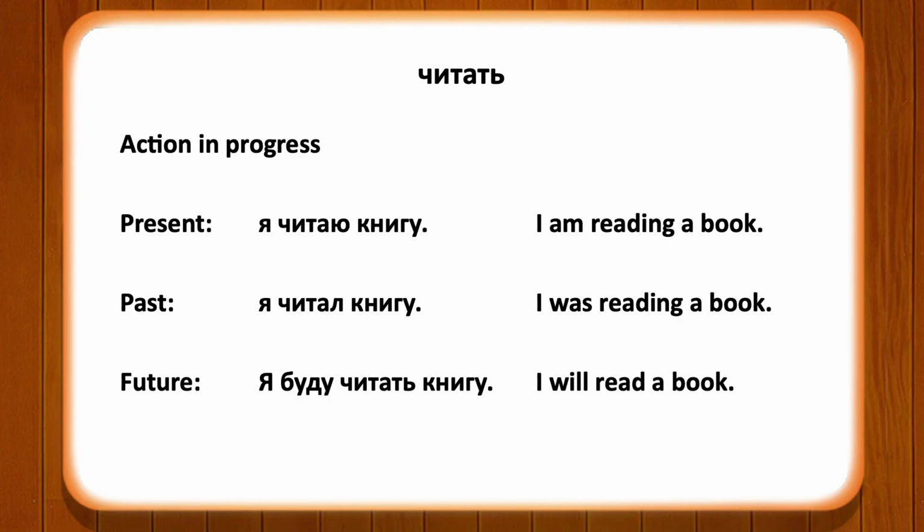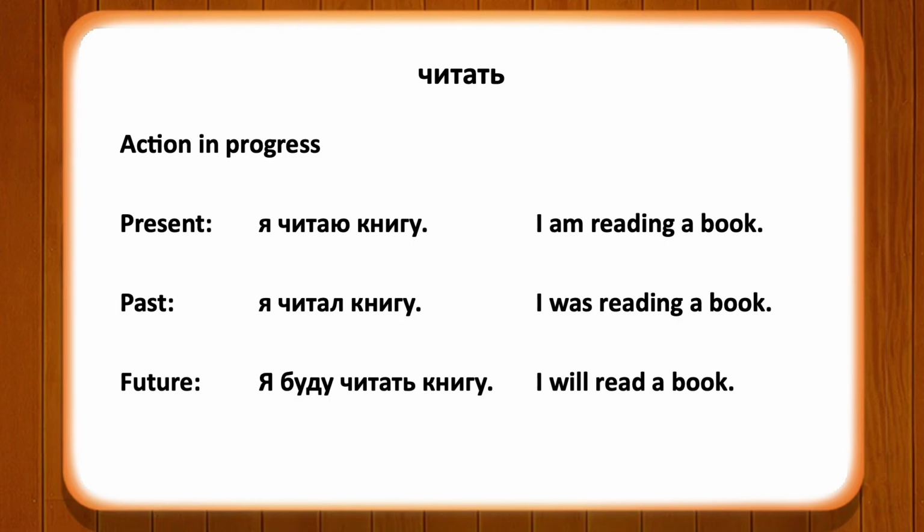The imperfective verb can also be used to denote an ongoing action in the past tense. So, ya chittal knigu, here the verb is conjugated in past tense. Ya chittal knigu means I was reading a book. Here the imperfective verb denotes an ongoing action in past tense.